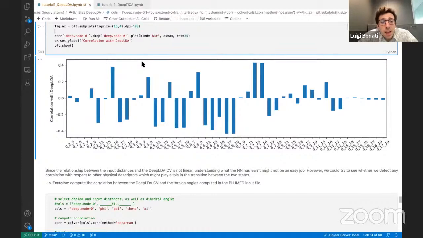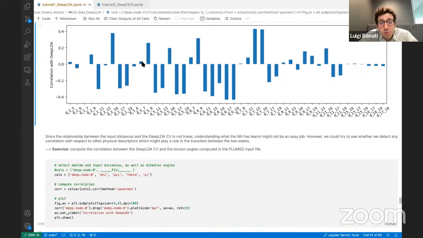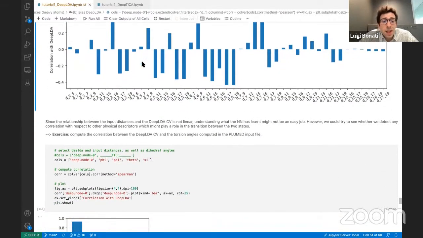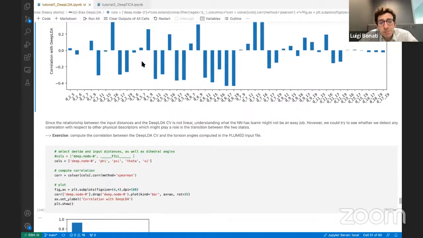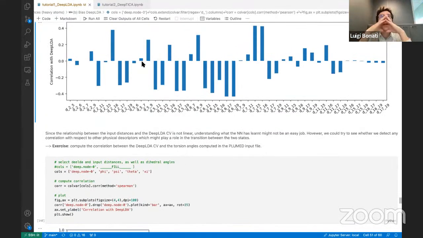An alternative is to compute the correlation between the deep LDA CV and a set of other physical parameters. Here we are using a set of very general but also blind descriptors, which are the distances.